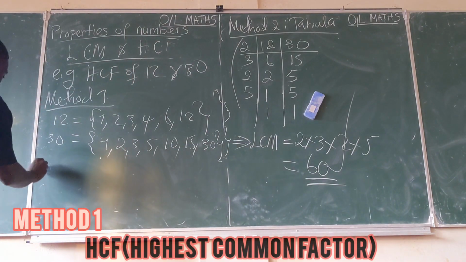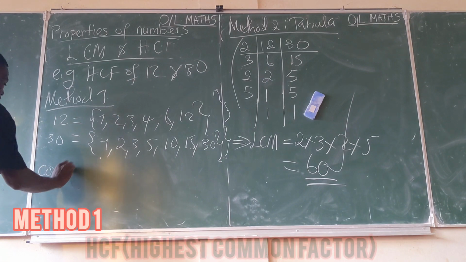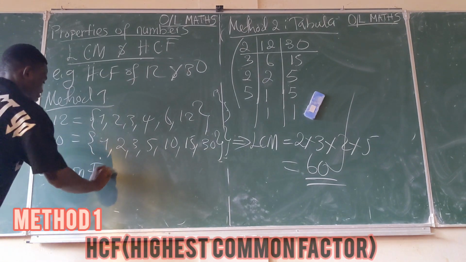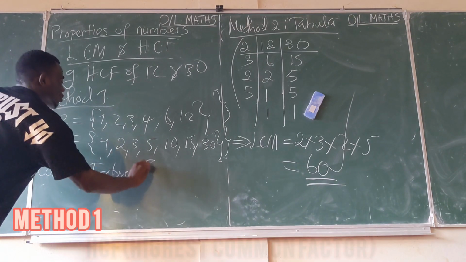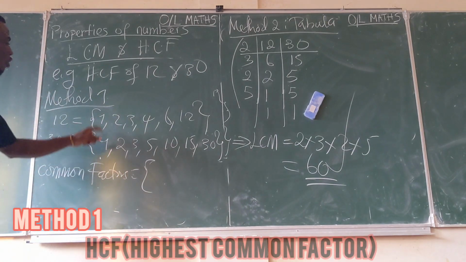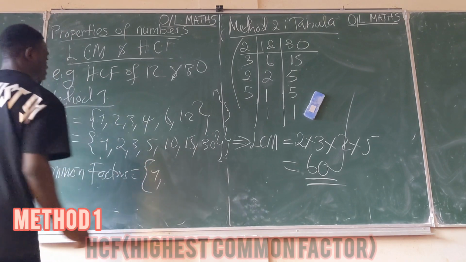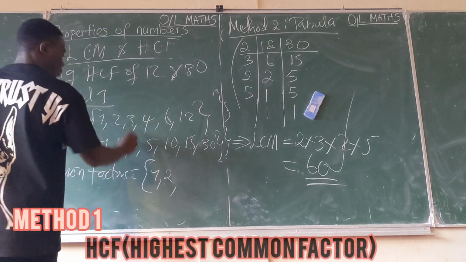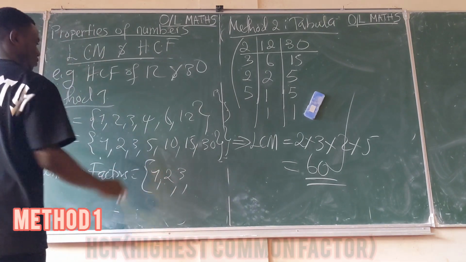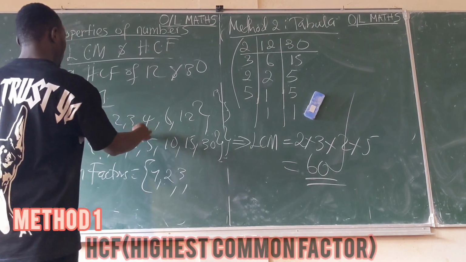Now, after writing the factors, you have to look for the common factors of 12 and 30. Which number is found in this set and also found in this set? We have 1, we have 2, we have 3.